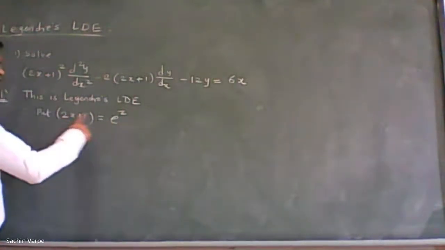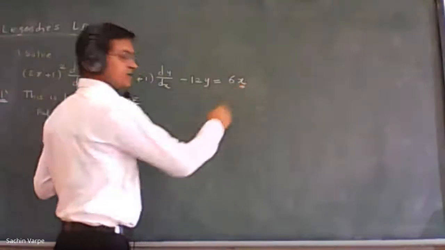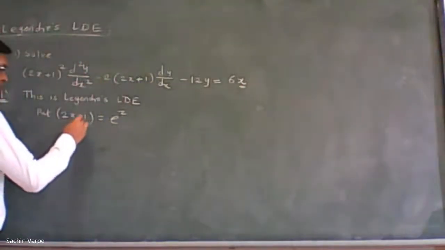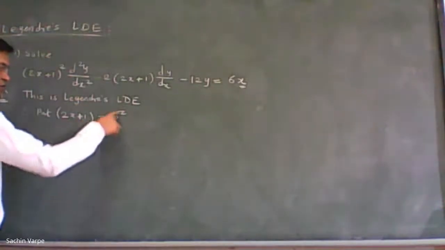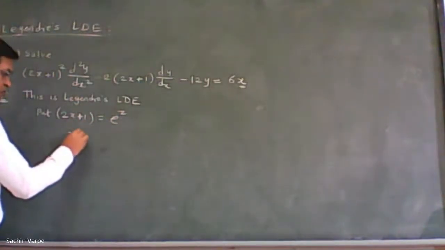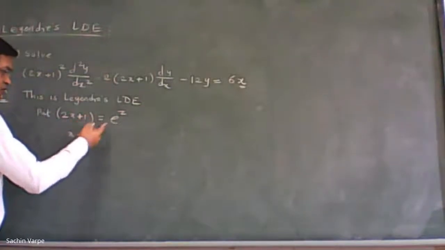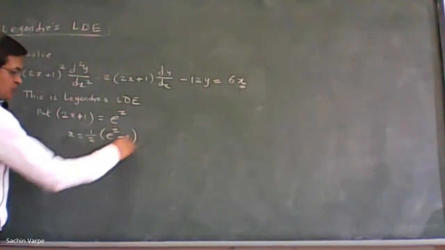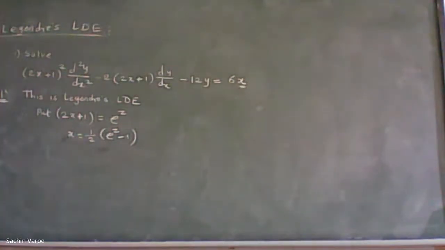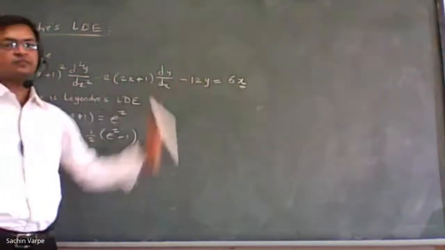But we need the value of x to substitute on the right hand side. So 2x is equal to e raised to z minus 1. So x is equal to e raised to z minus 1 upon 2. Please check. This is the value of x in terms of z to substitute on the right hand side.